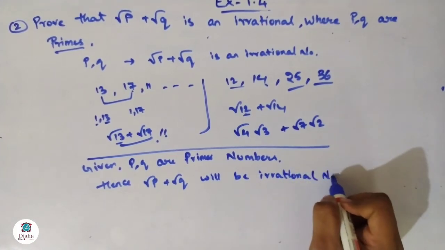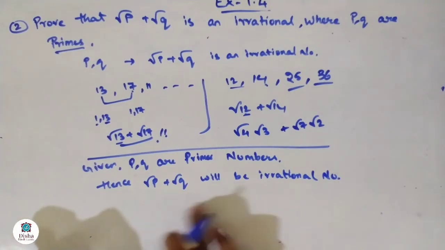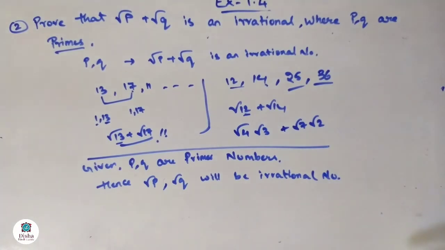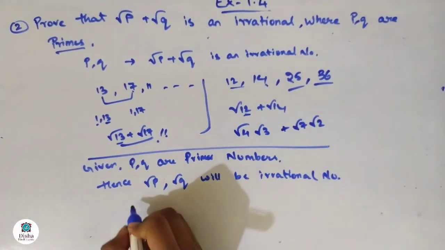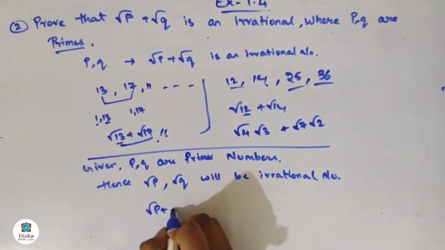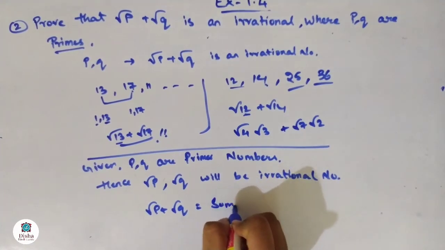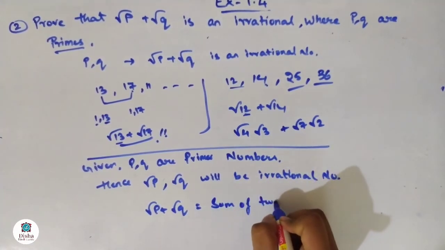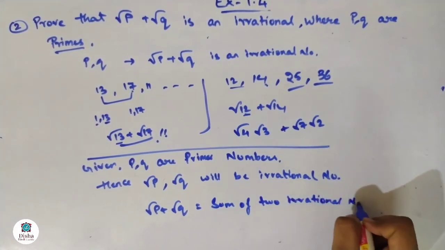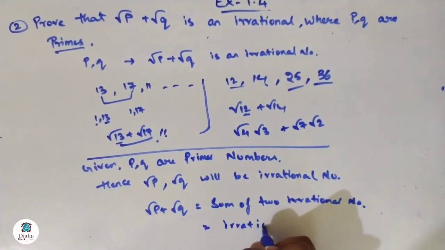Here we write comma, not root p or root q, because we are not talking about the sum. So what will be the sum of square roots of prime numbers? Root p plus root q is a sum of two irrational numbers, so it will give us an irrational number only.